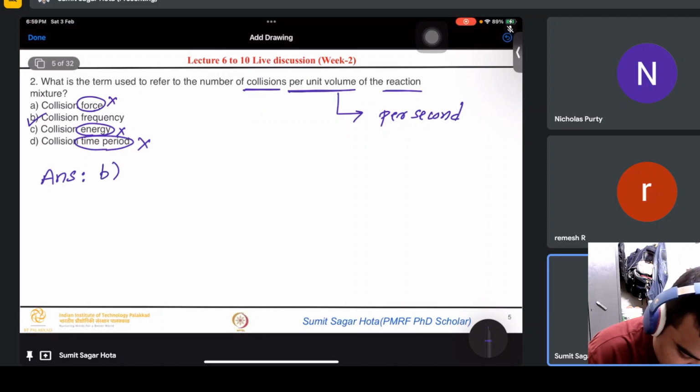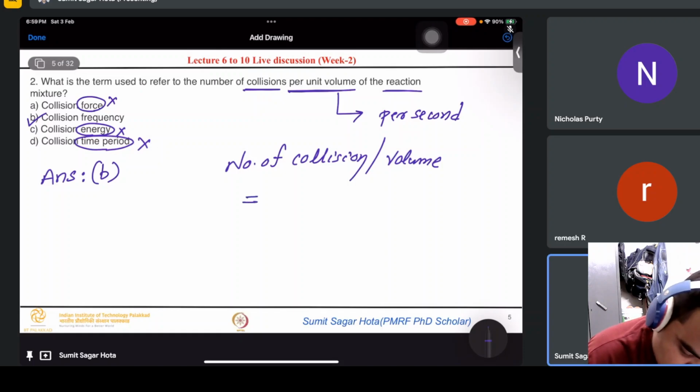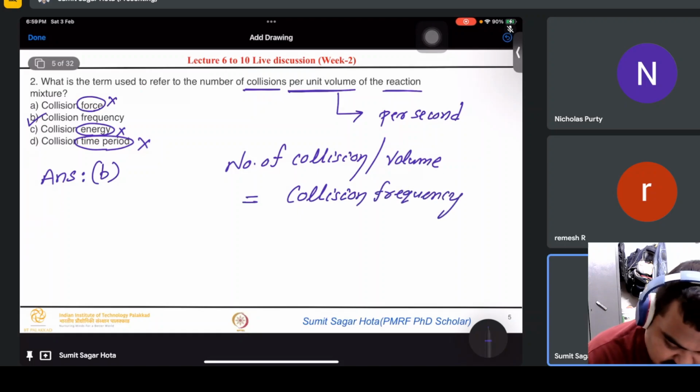So the number of collisions per unit volume is frequency. So why is it frequency? Know why all these things exist.